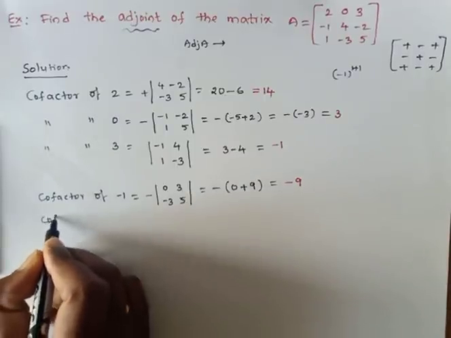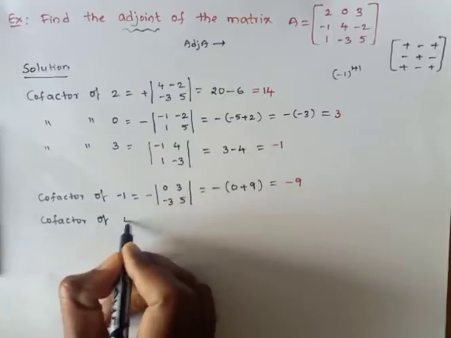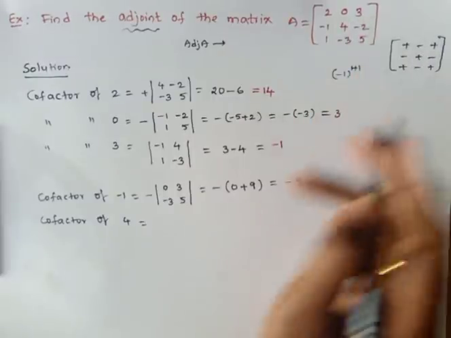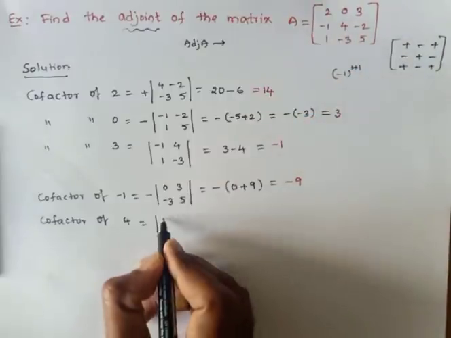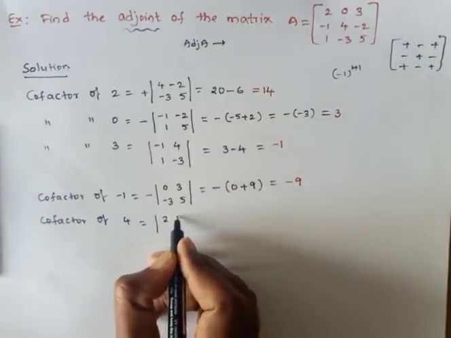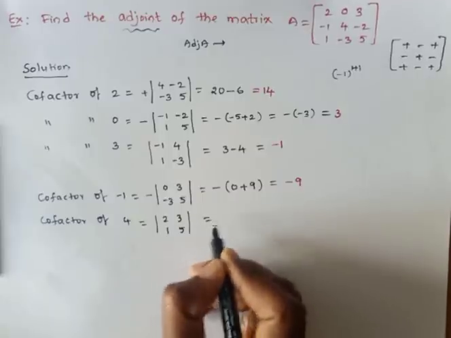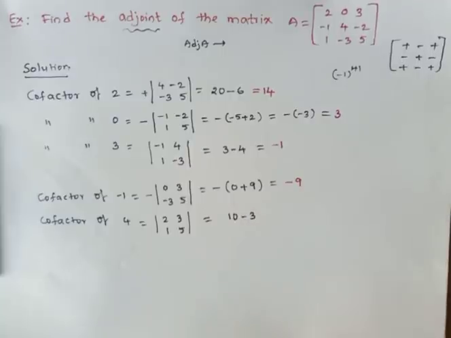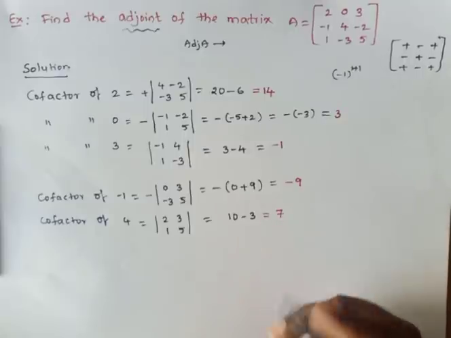Next, the cofactor of 4. The sign of 4 is plus times the minor. By deleting this row and column, the elements are 2, 3, 1, 5. Then 2 times 5 is 10, minus 3, so 10 minus 3 is 7.